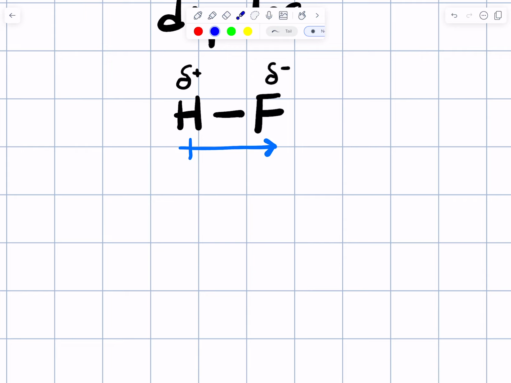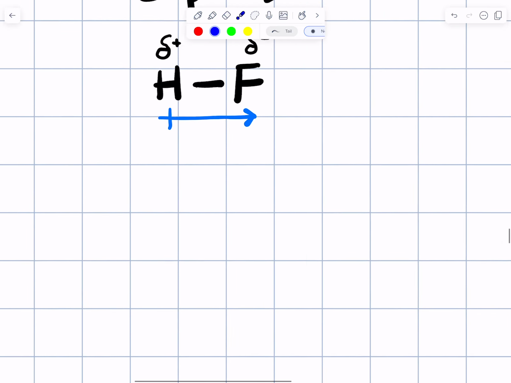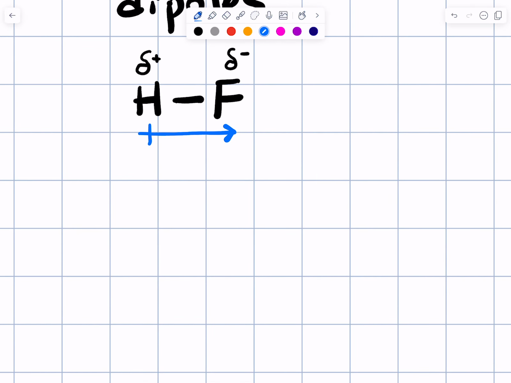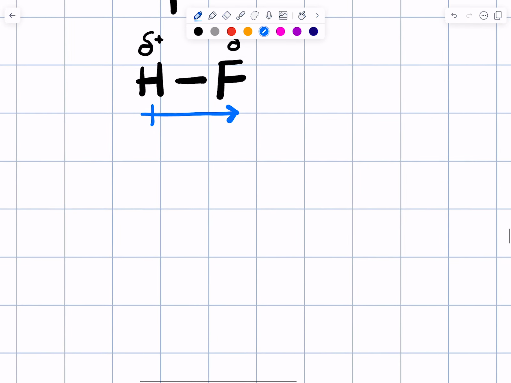Yes? Is the dipole very similar to the partial charges we see in resonance? Is the dipole related to partial charges we see in resonance? I mean, same idea, not full charges. Yeah. Okay. Dipoles are vectors, and they basically represent a line.